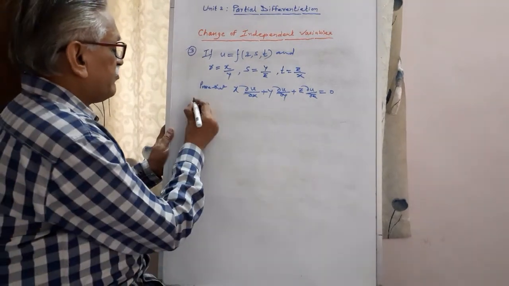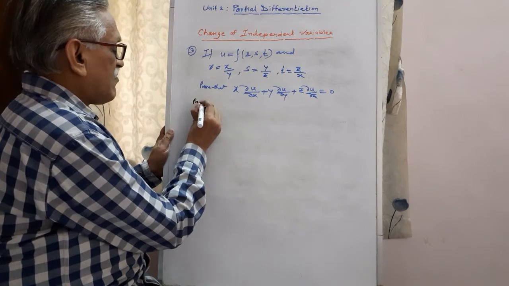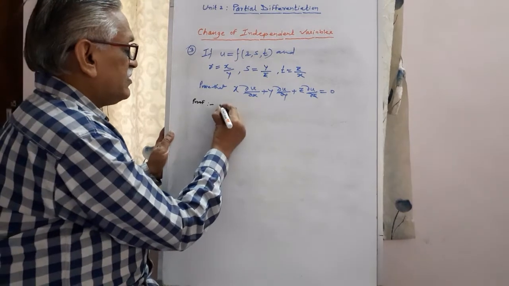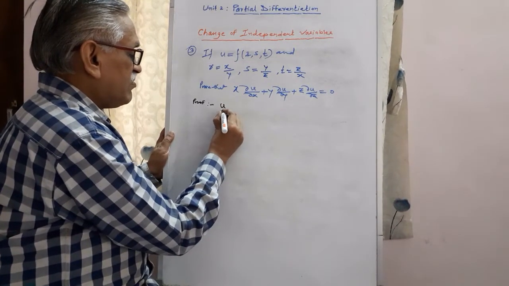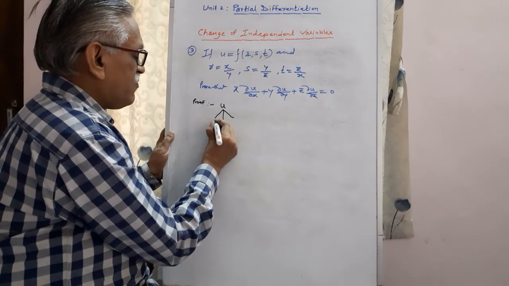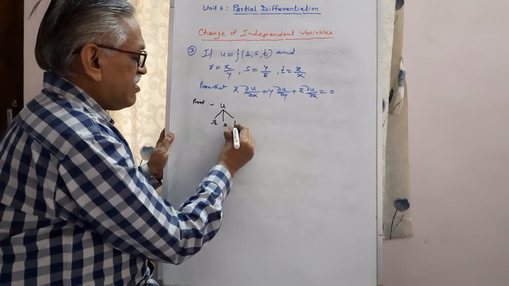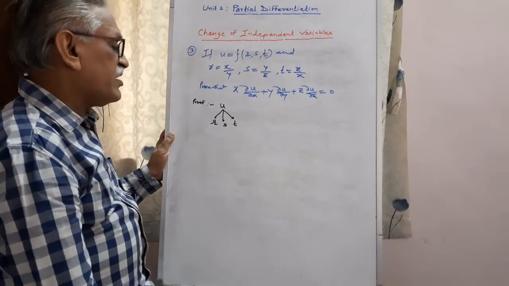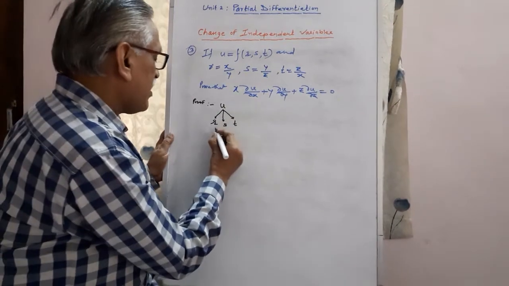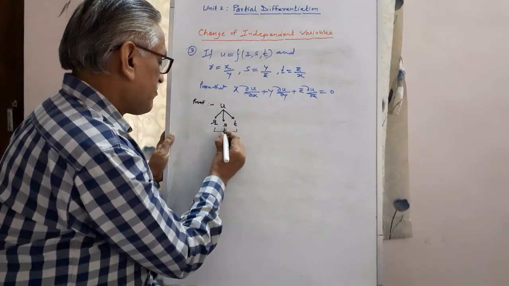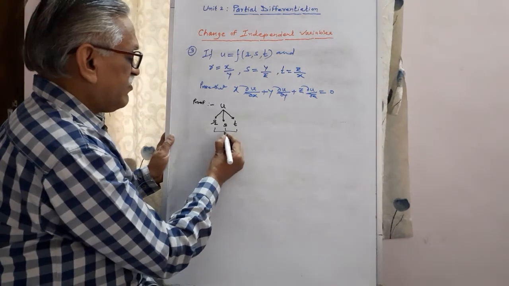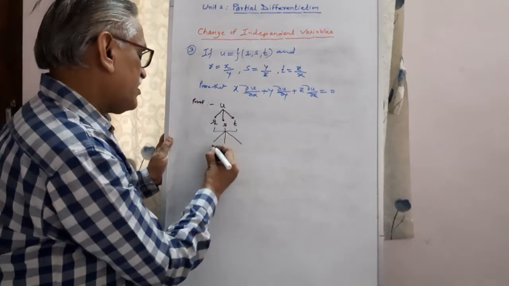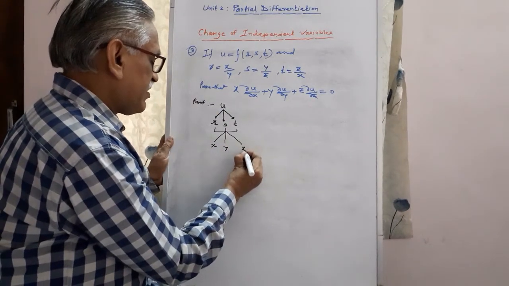Again, a simple proof. Use a function of 3 independent variables. Therefore, a tree diagram for this. Function of r, s and t. Okay, and these r, s, t are functions of three variables x, y, z.